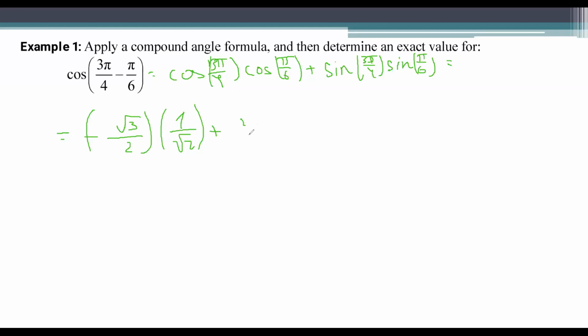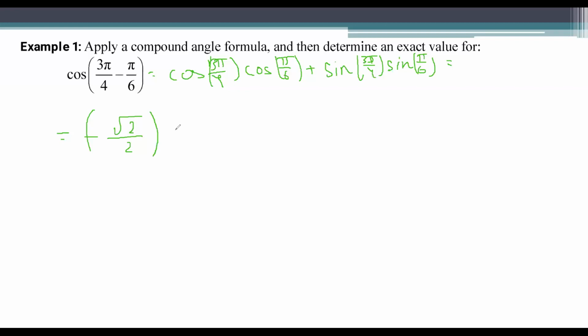So cosine of 3 pi over 4 is minus square root of 2 over 2, because it's in second quadrant.